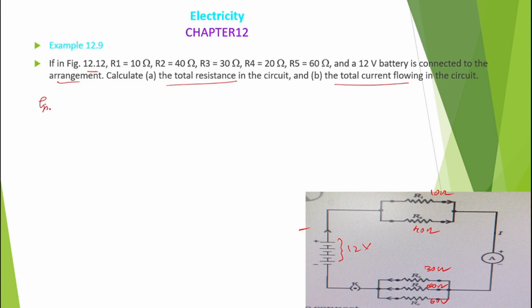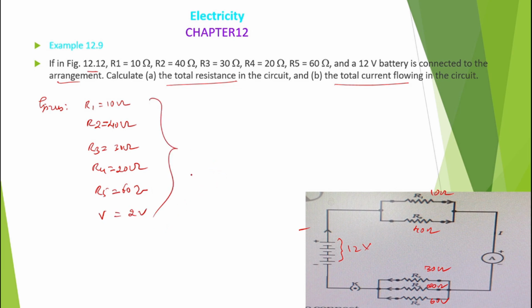So given: R1 is 10 ohm, R2 is 40 ohm, R3 is equal to 30 ohm, R4 is equal to 20 ohm, R5 is equal to 60 ohm, and voltage is given 12 volt.